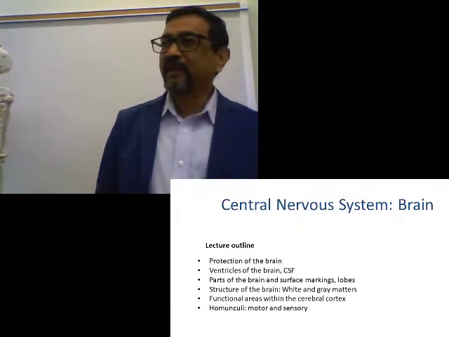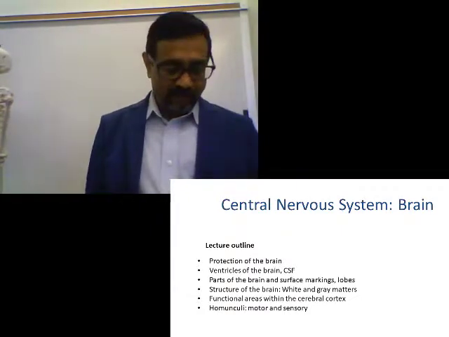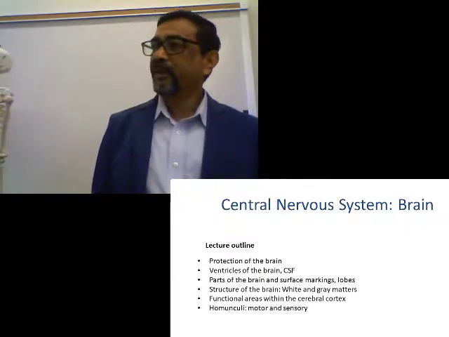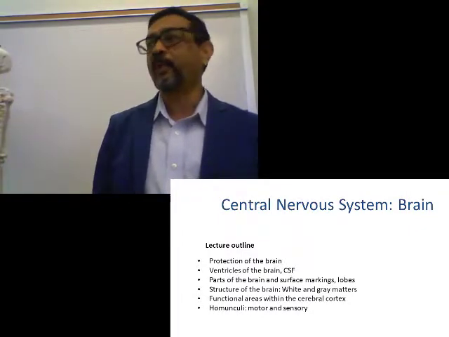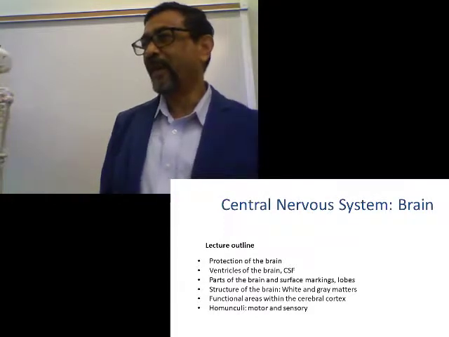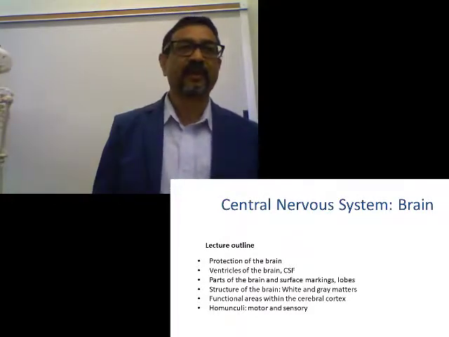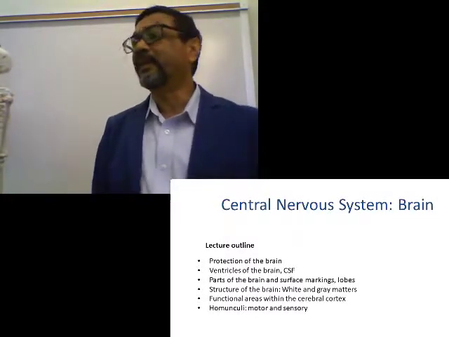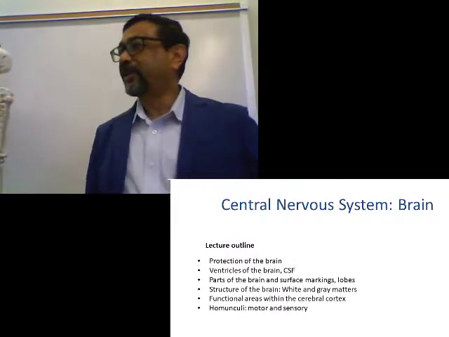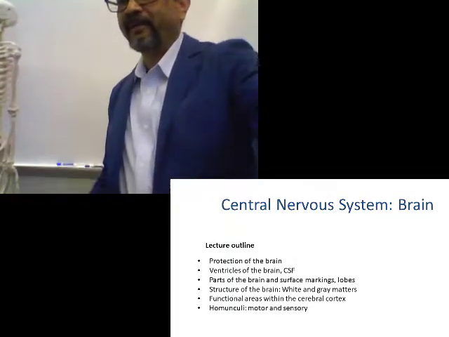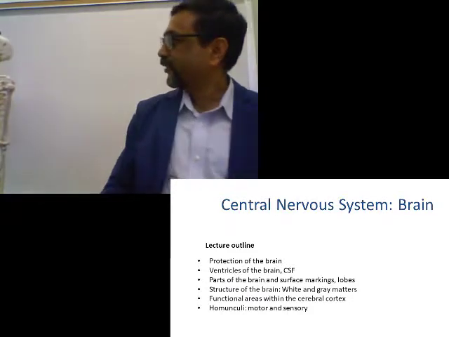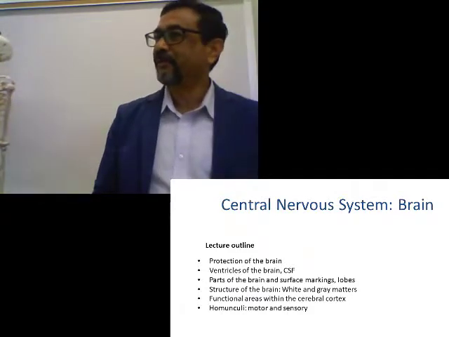Since the brain is the most important organ in your body, it is heavily protected by a number of structures. So first we'll see which structures protect your brain. Okay, that's the protection of the brain.